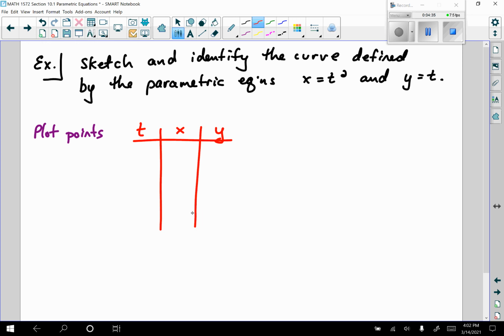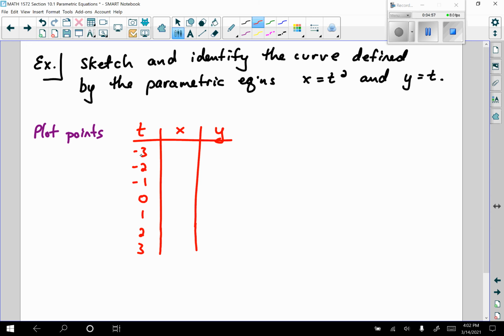Let's say we go from -3 to +3, counting by ones. It's important to put the t values in order, because as we go to trace this, we want to know, as t increases, what are the points doing?